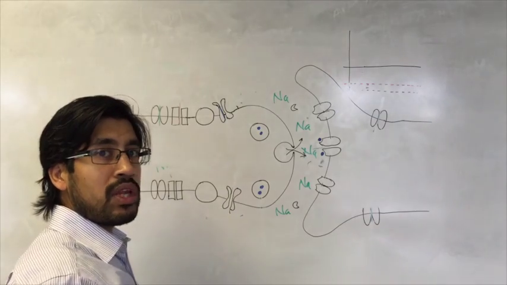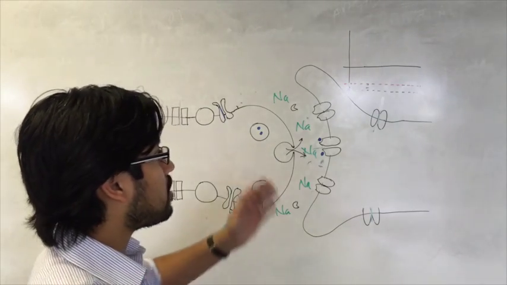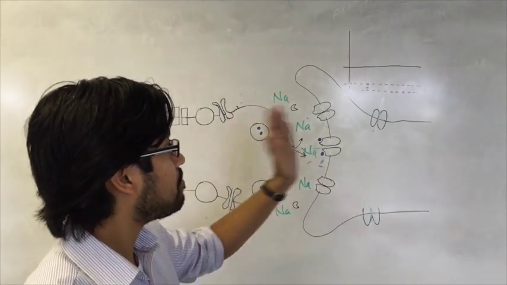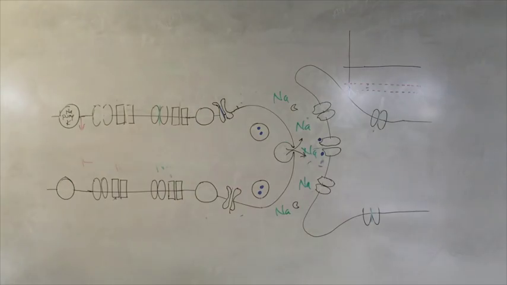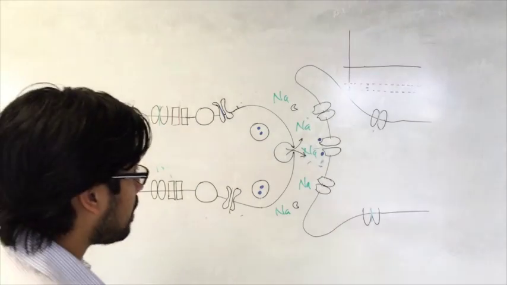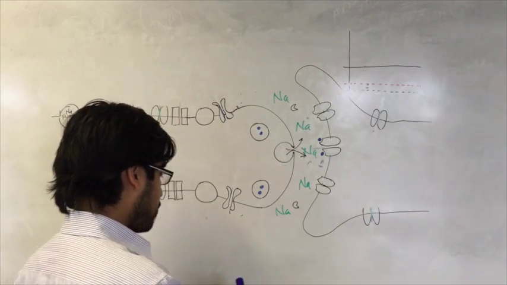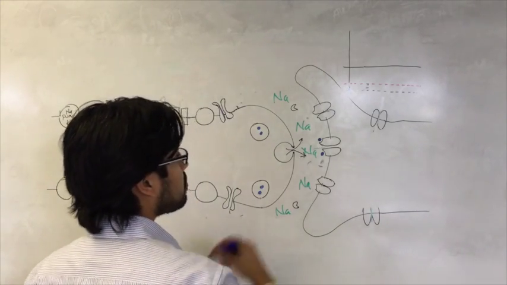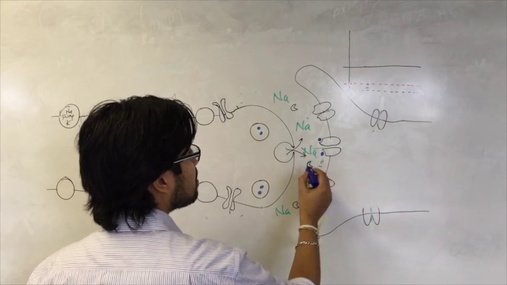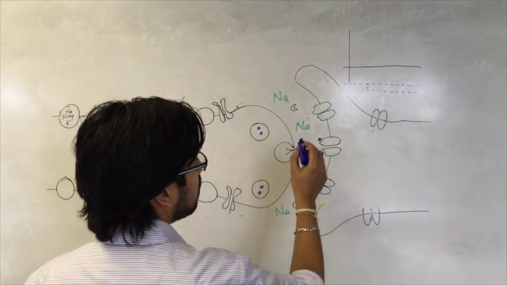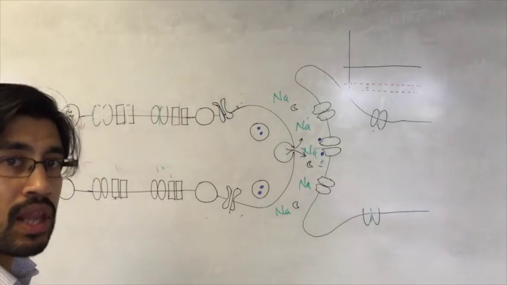So we need a way to switch off the signal and prevent overstimulation of this postsynaptic neuron. And the way that happens is by the presence of an enzyme that breaks down the acetylcholine in the synaptic cleft.